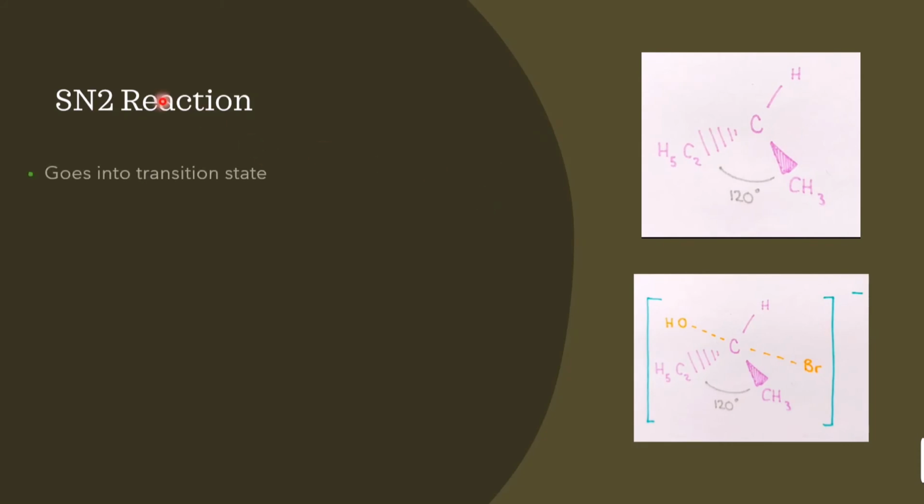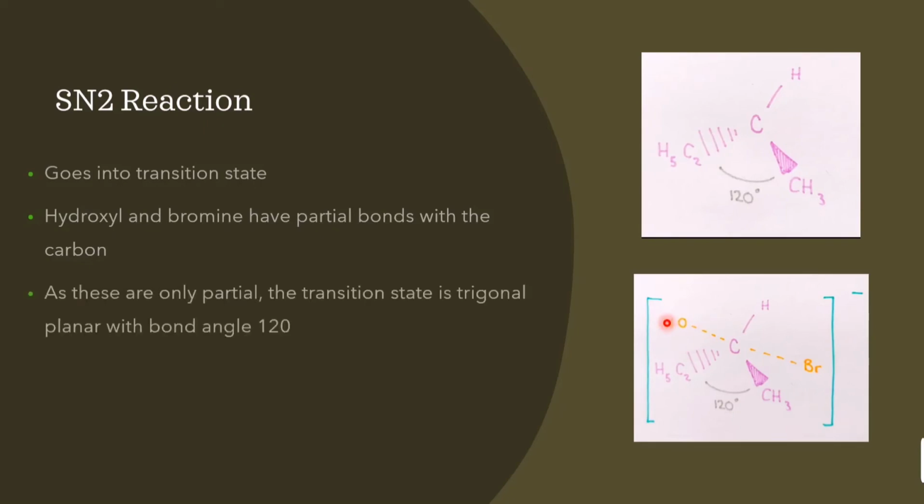And then after the hydroxyl attacks the positive carbon, it goes into a transition state. So our hydroxyl and bromine now have partial bonds with the carbon. So you can see here that our hydroxyl has attacked this positive carbon, forming the partial bonds. So the dotted lines represent the partial bonds of bromine and carbon and our hydroxyl.